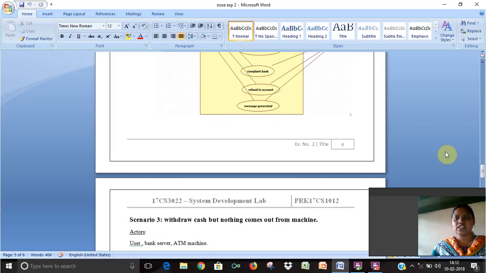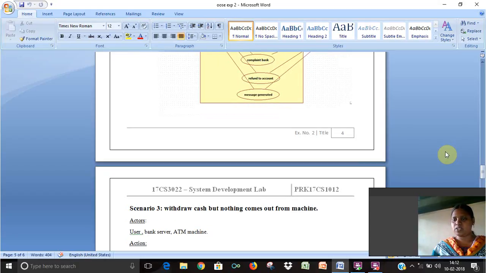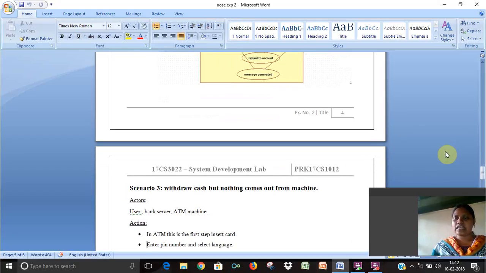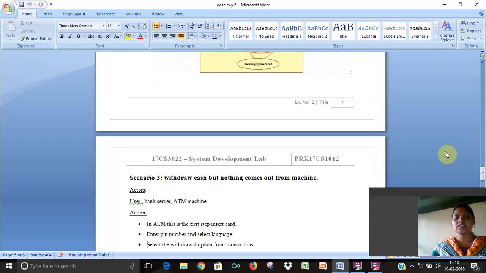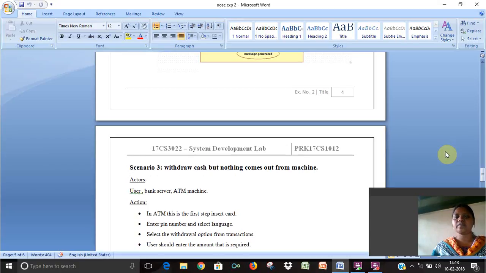Coming to the third scenario, withdraw cash, but the cash doesn't come out from the machine. In this case, the actors are user, ATM machine and bank server. The actions are, the first step is common every time, that is we will insert a card in the ATM machine. Then we will enter a PIN number and select a transaction type, that is withdrawal.